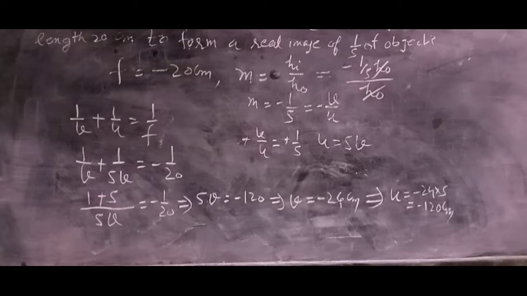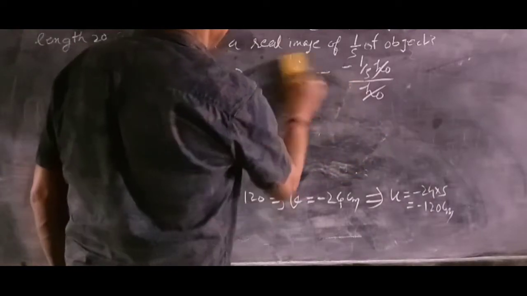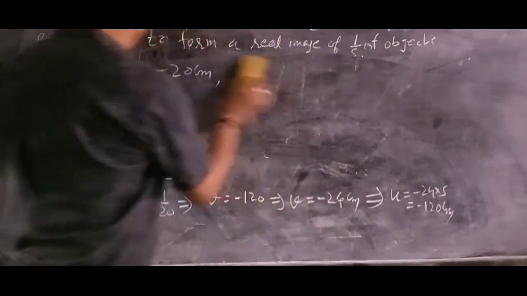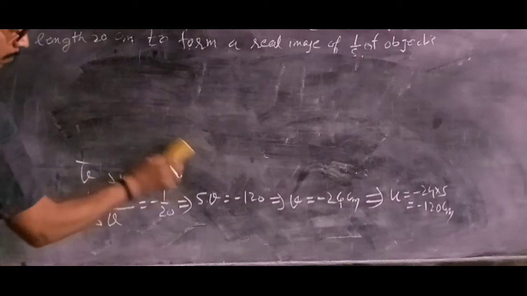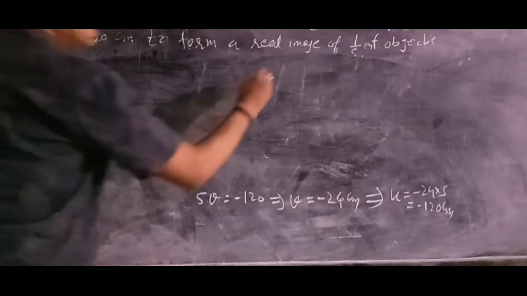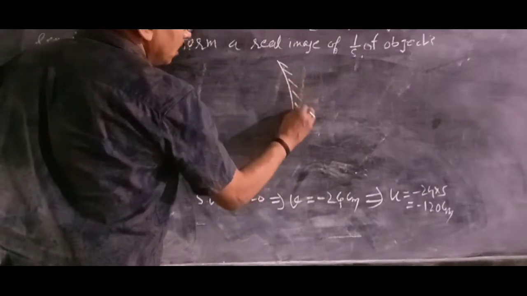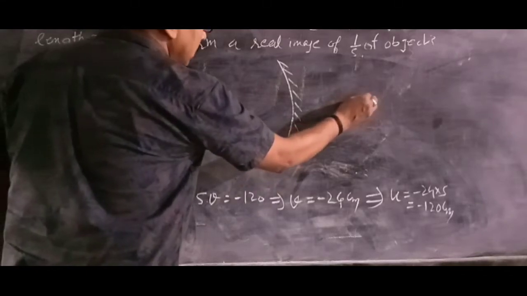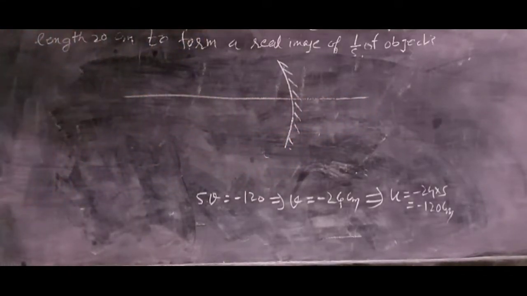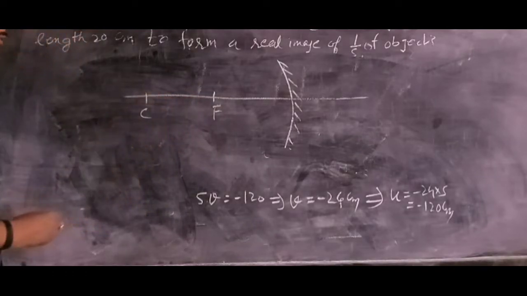The corresponding ray diagram will be: in this case the size of image is smaller than the size of the object and image is real and inverted. This happens as we have seen before.